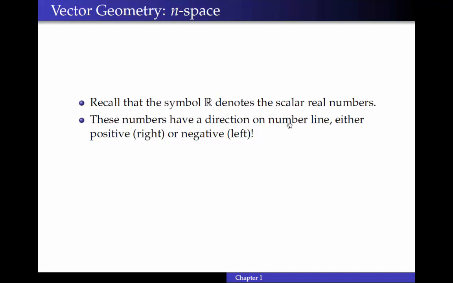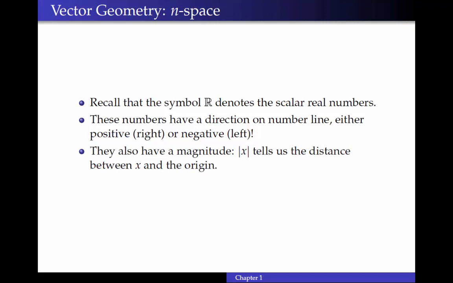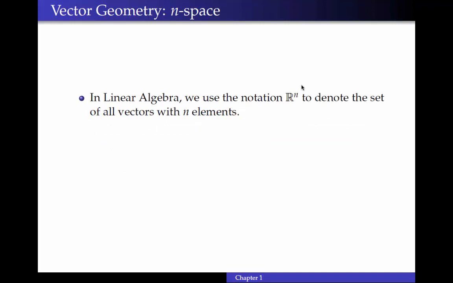Well, these numbers have a direction on the number line. Either they're positive, meaning they lay to the right of 0, or they're negative, meaning they lay to the left of 0. They also have a magnitude. The absolute value of each number tells us the distance between that number and the origin. Well, in linear algebra, we use the notation R^n to denote the set of all vectors with n elements.